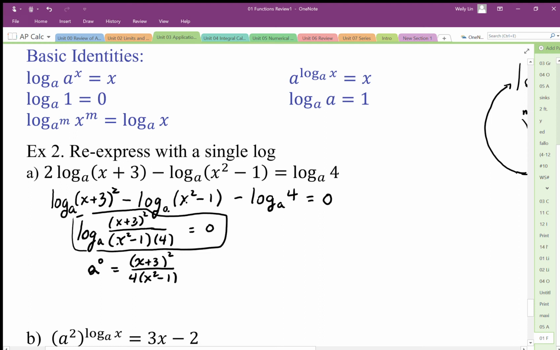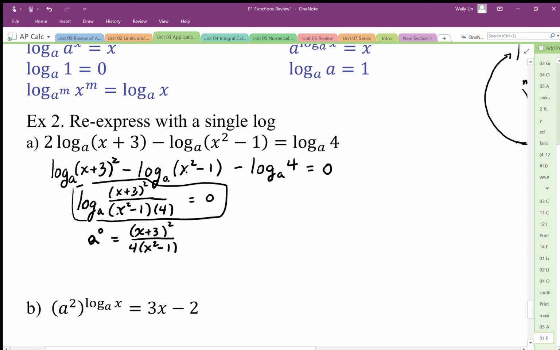But since this is an equation, we can solve it. Let's go ahead and solve this. Okay, so we end up with, that's going to be equal to 1. So we end up with 4x squared minus 4. That's equal to x squared plus 6x plus 9.